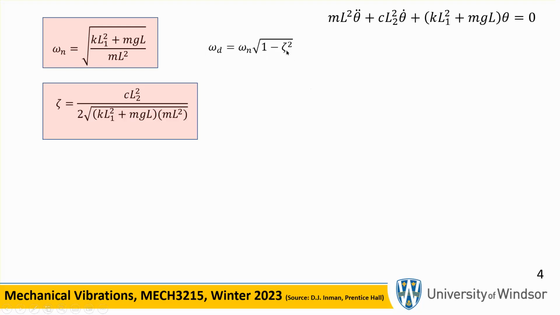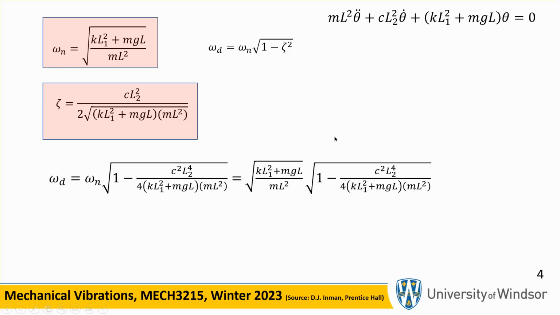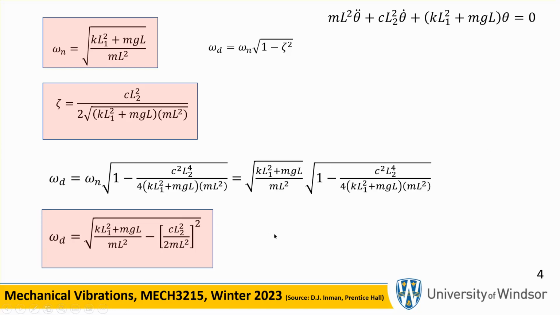Zeta is the effective damping coefficient, which is right there, divided by 2 times the square root of effective stiffness times effective mass. So I put the effective stiffness right there, the effective mass there, and there's your damping coefficient. And if you want to find the damped frequency, you just put it in that formula, and you're going to get some expression of this type. And that kind of wraps up the problem.